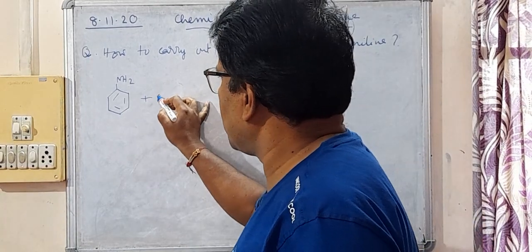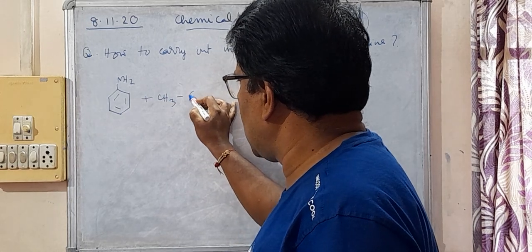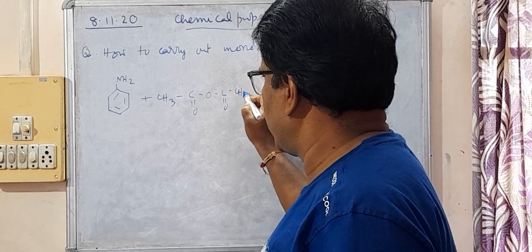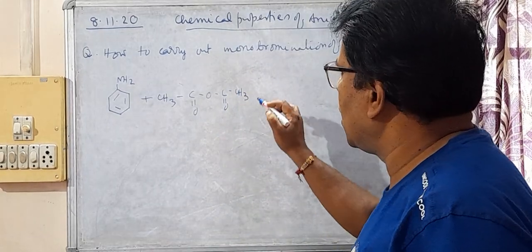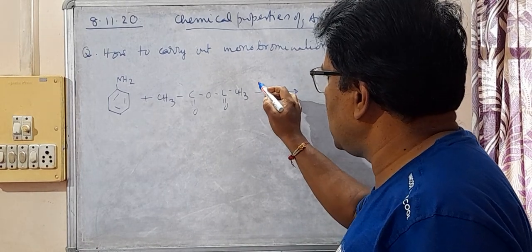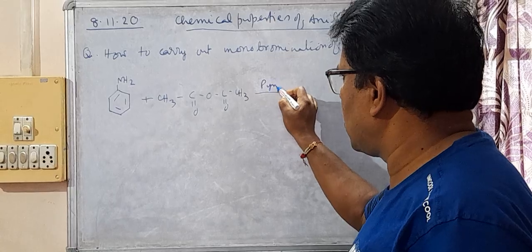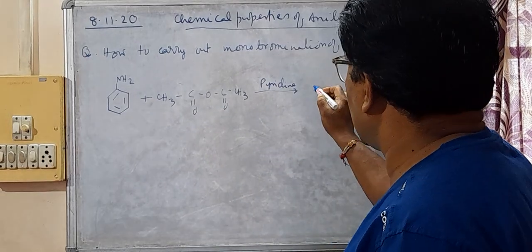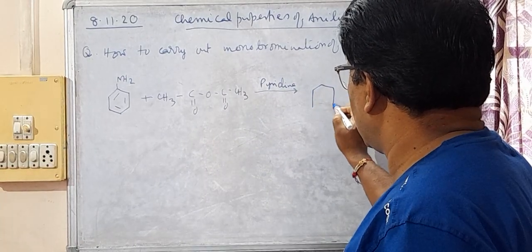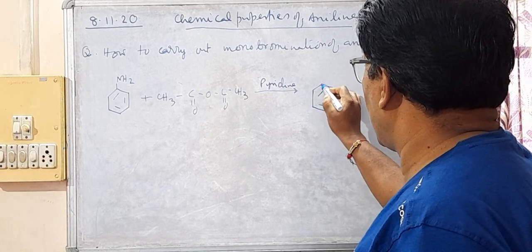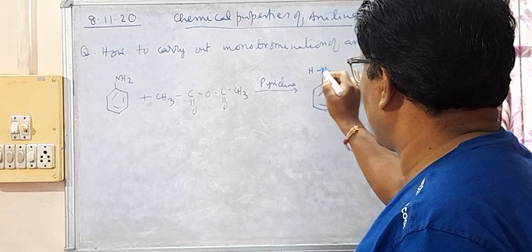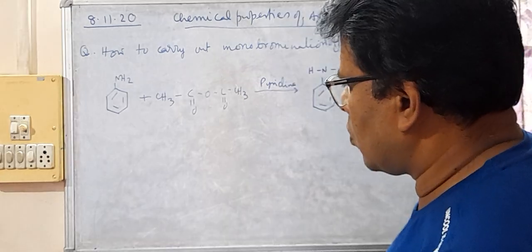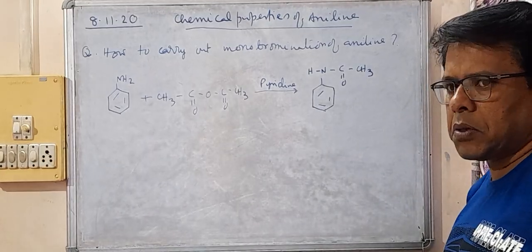So, suppose for acylation we take acetic anhydride, and we use the organic base pyridine. So, acylation will take place, and this one will result.